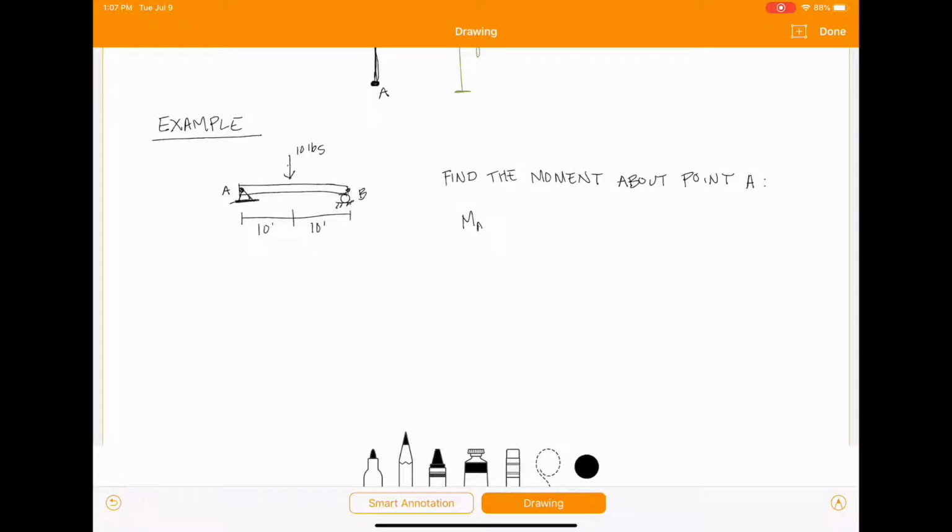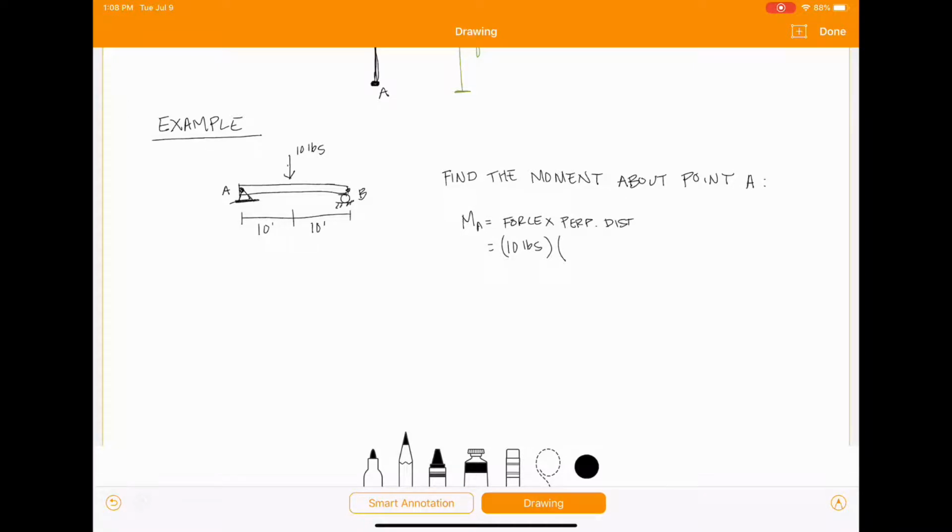So the moment about point A is going to be equal to the force times the perpendicular distance from the force to the point that you're being asked to find the moment about. So in this example, our force is 10 pounds.